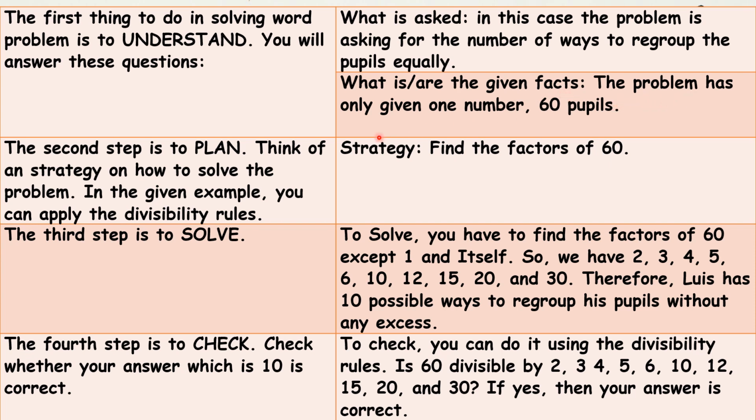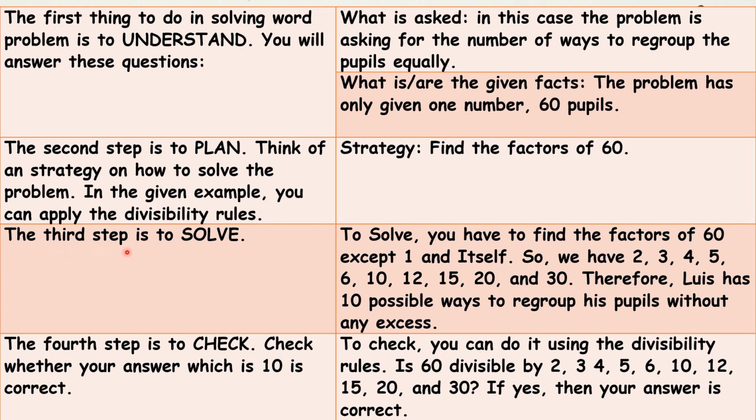The problem has only given one number, which is 60 pupils. Now, the second step is to plan. Think of a strategy on how to solve the problem. In the given example, you can apply the divisibility rules. Now, anong strategy na gagamitin natin? Find the factors of 60.